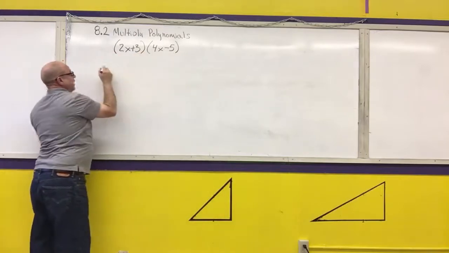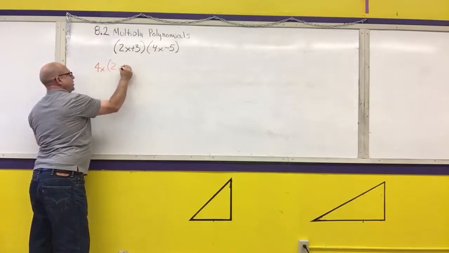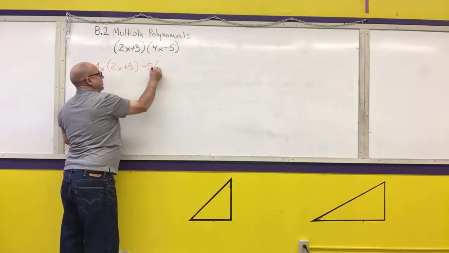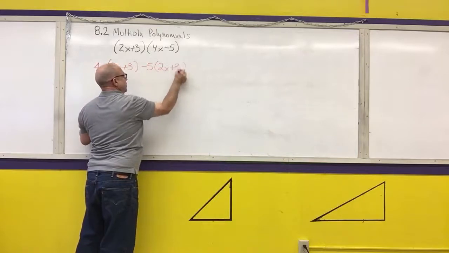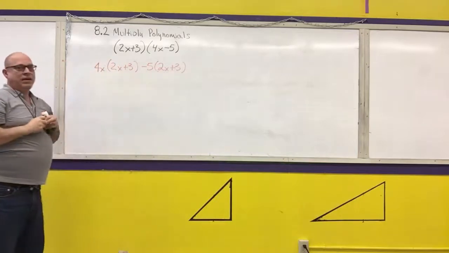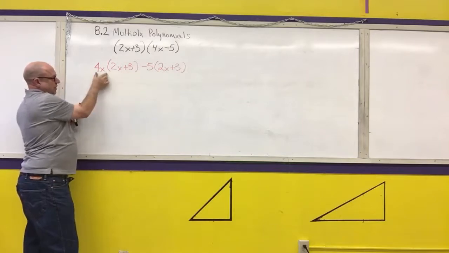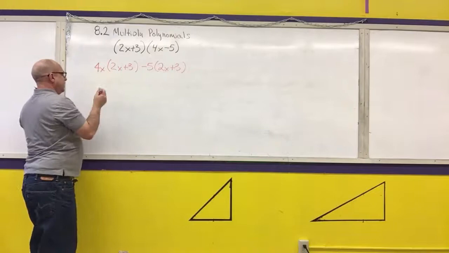So I have the 4x times 2x plus 3. Then I have a negative 5 times the 2x plus 3. And again, I have the distributive property. I've got something in parentheses multiplied by a number. So each term inside here, I multiply by the number outside.